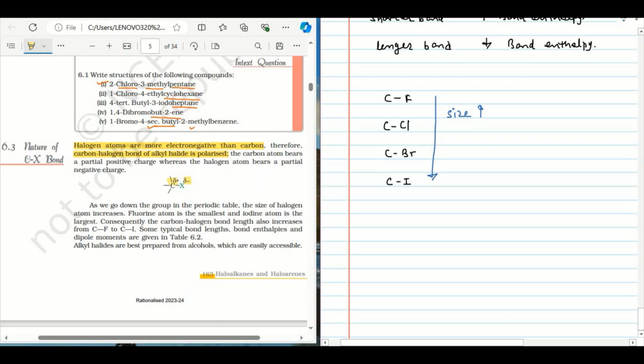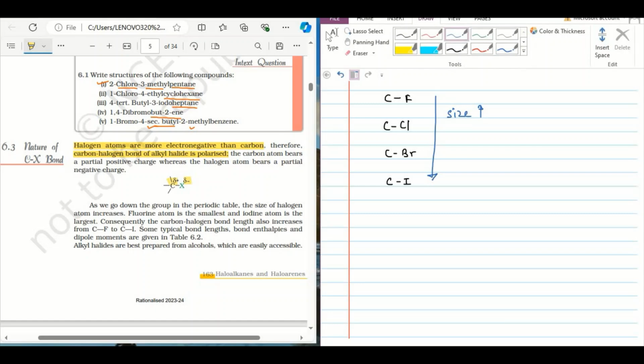So when you compare between carbon and fluorine, they both are smaller atoms, so the bond length will be smaller. When you compare between carbon and chlorine, chlorine is bigger. So the distance between carbon and nucleus of chlorine will be more than the carbon and fluorine. So the bond length of carbon-chlorine will be more than the bond length of carbon-fluorine.